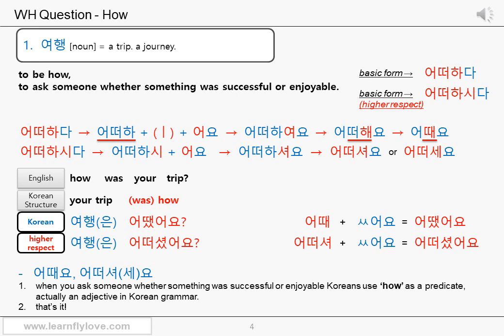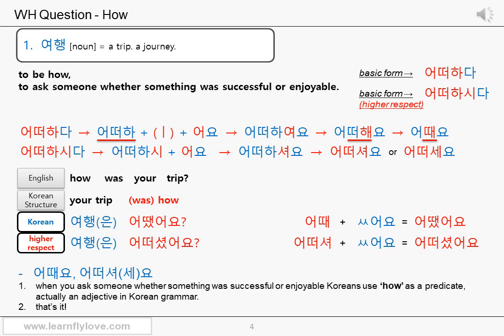So, 어때요, not 어떠해요. 어때요 is the most optimal form you can use anywhere. We explained how it became 어때요 because we wanted you to know the principle so that you won't forget easily. But maybe you don't have to know all this.